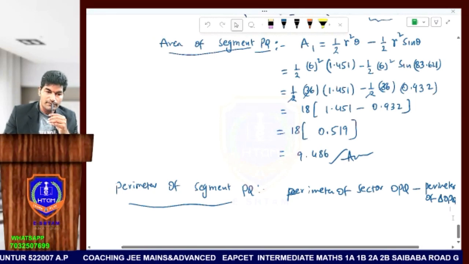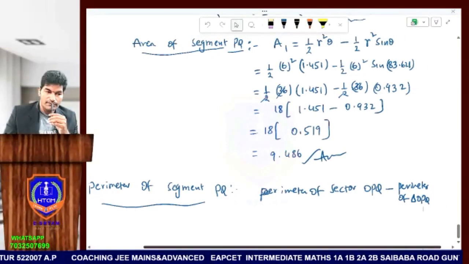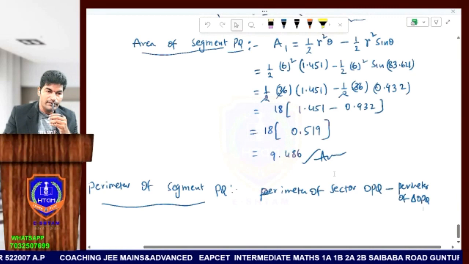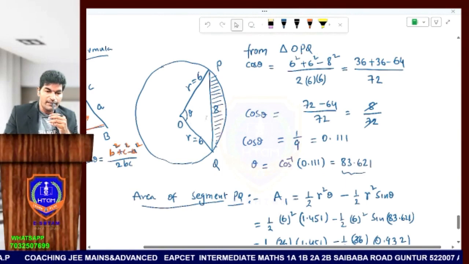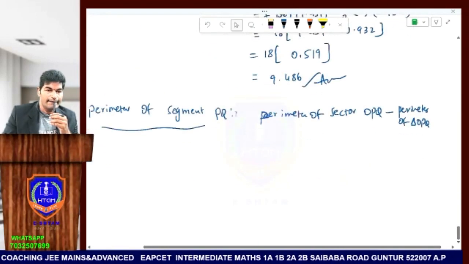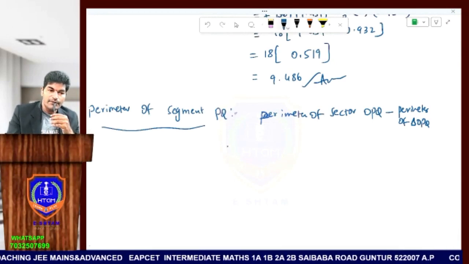Understood? So we are subtracting the triangular perimeter from the total perimeter, then you will get the PQ perimeter. Understood? So what is the perimeter of the sector?